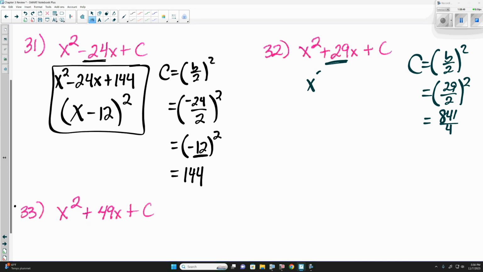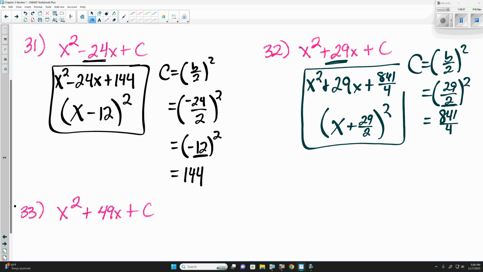So it tells us our quadratic is x squared plus 29x plus 841 over 4. And if we factor it, we'll have a set of parentheses in x, and the number that goes inside of it is the number we had inside the parentheses before we squared it with its sign. So in this case, it'd be x plus 29 halves squared.